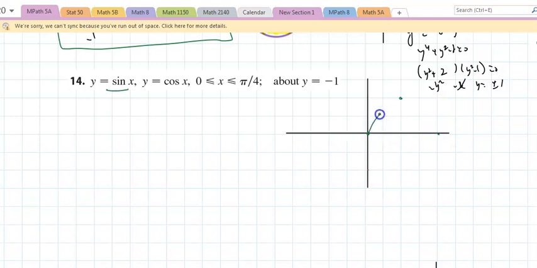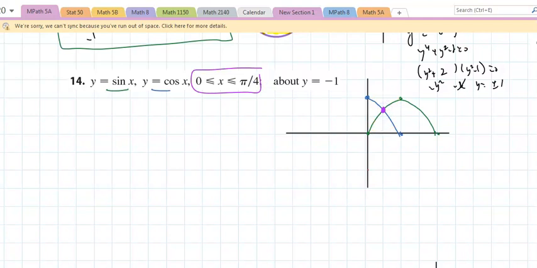So it runs like this. Versus cosine. Cosine starts on the amplitude. Assume that's a 1 and it's going to run down. And I'm only interested in this between 0 and pi over 4. I know at pi over 4 that's that point because that's where they're both equal.